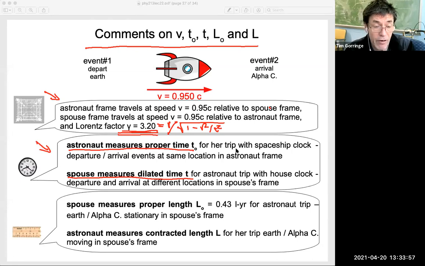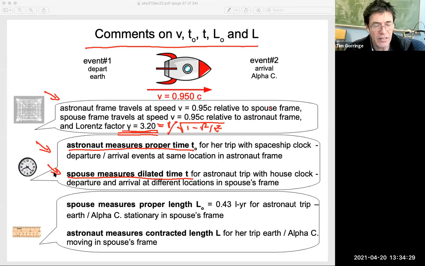If you think about the reference frame attached to the spaceship, then the departure from Earth and the arrival at Alpha Centauri are occurring at the same location, the location of the spaceship. And so that clock that's in the spaceship gives the proper time for the trip.